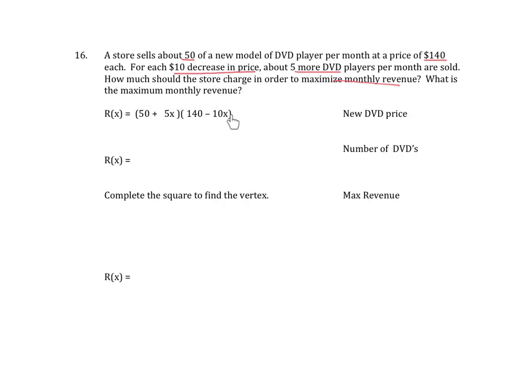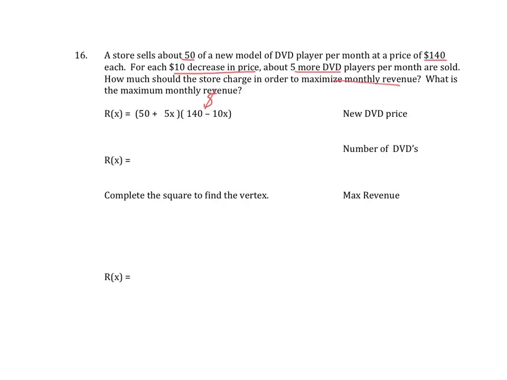I'm going to give you these two parentheses, which is a pretty lucky situation. You are selling 50 DVD players at a price of $140. When they're just written this way, it's hard to tell which one's which. You need to look for your dollar sign. The dollar sign, being with the 140, means that this back one is going to be my price.